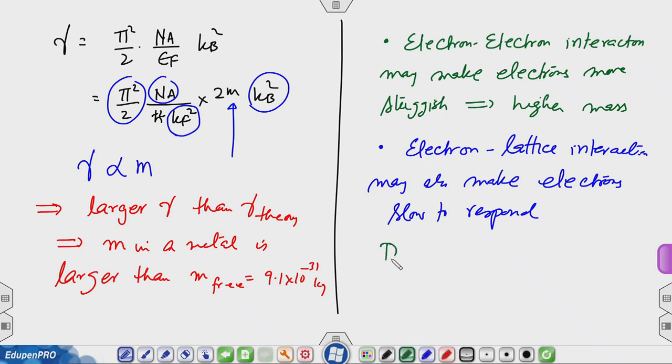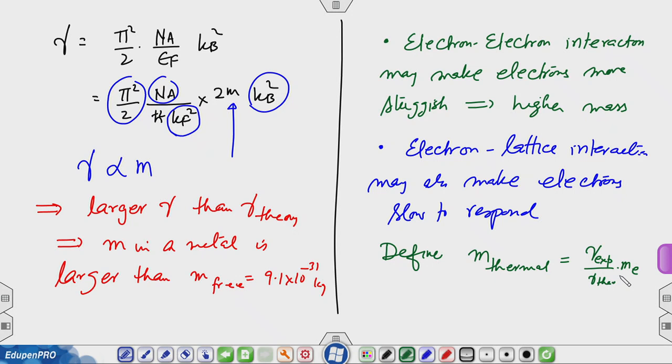So we defined through this something called the m thermal or thermal mass, which is equal to gamma experiment divided by gamma theory times m e.